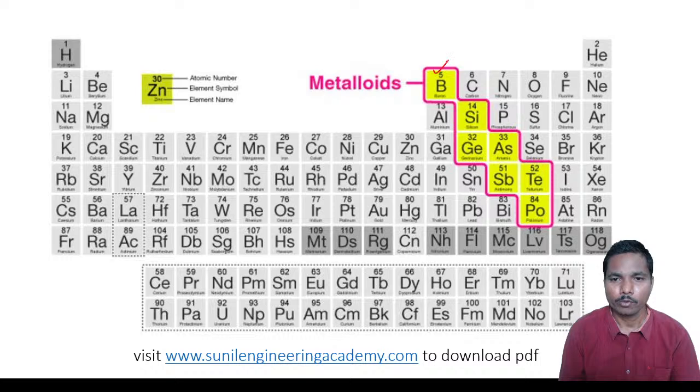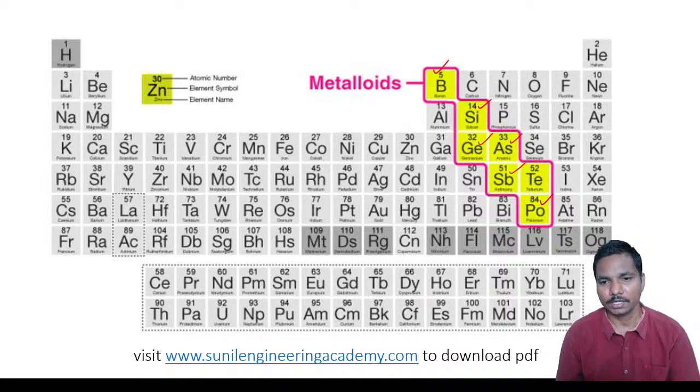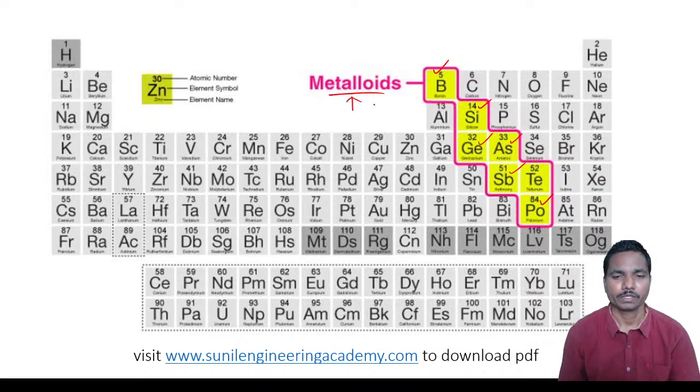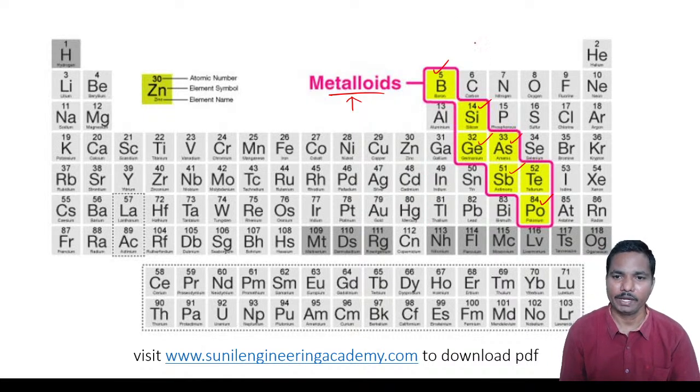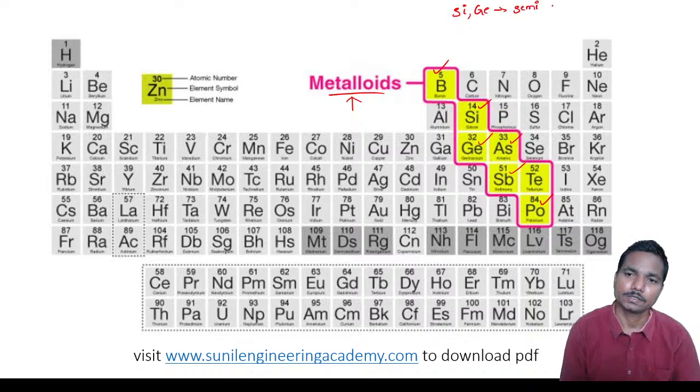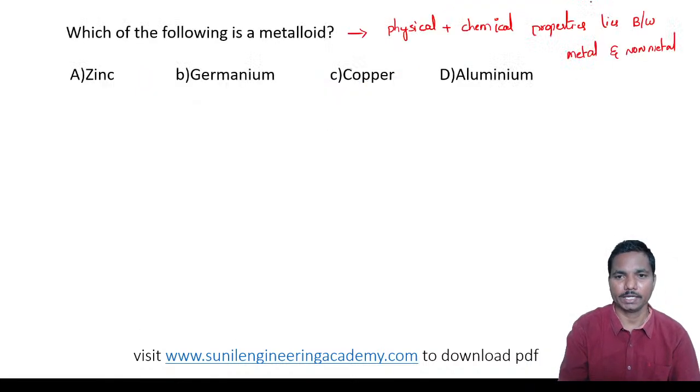The metalloids are boron, silicon, germanium, arsenic, antimony, and polonium. We know very well silicon and germanium are very important, most used semiconductors. So here germanium is there, so we can go with germanium. Very good, Shashi.